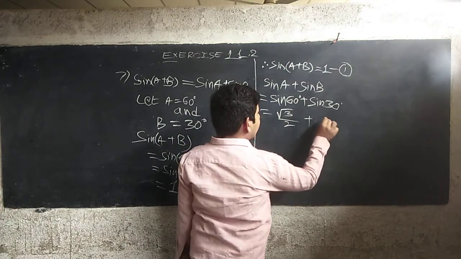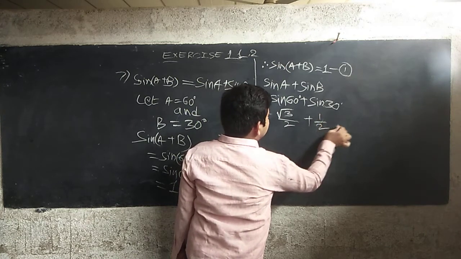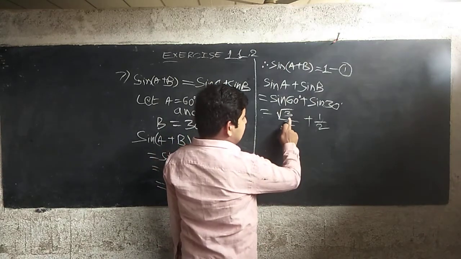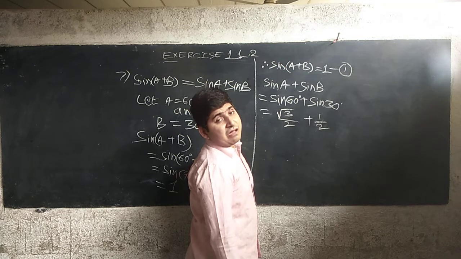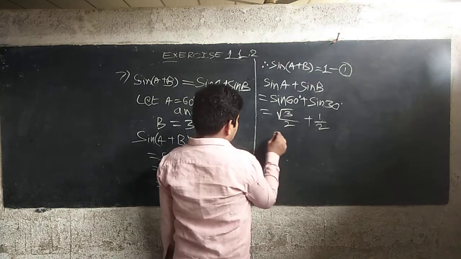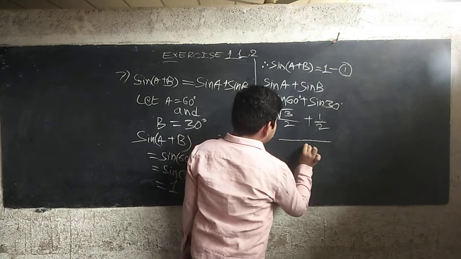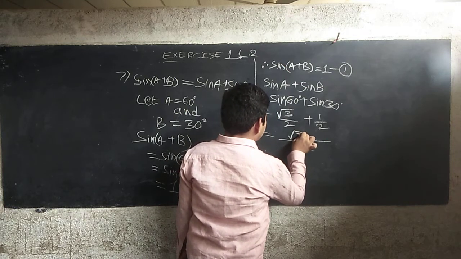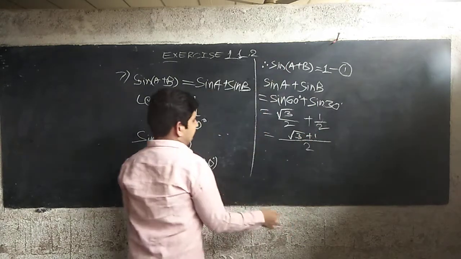Now the denominators are the same, so the numerators can be added directly without taking the LCM. That is root 3 plus 1.